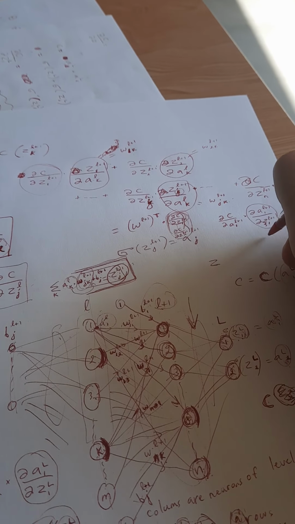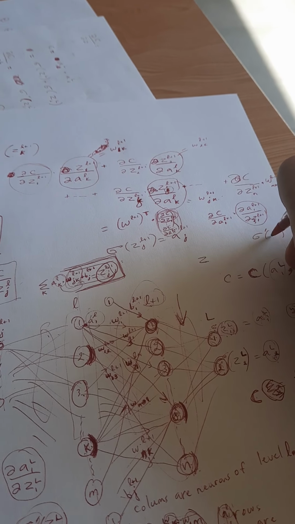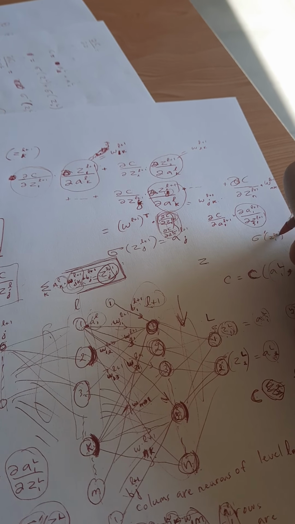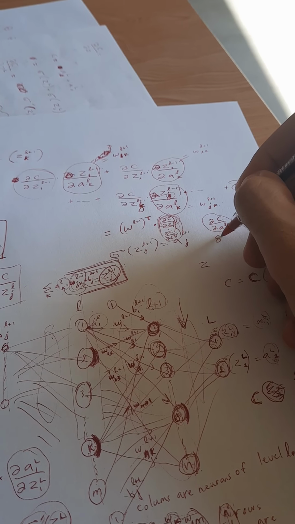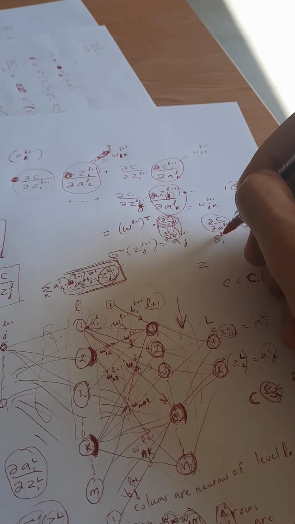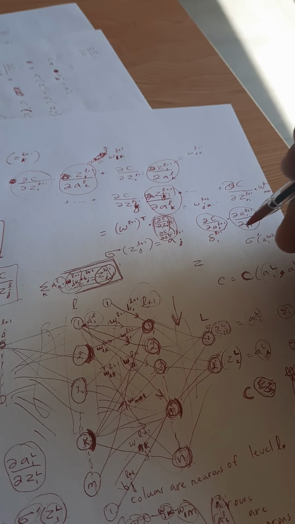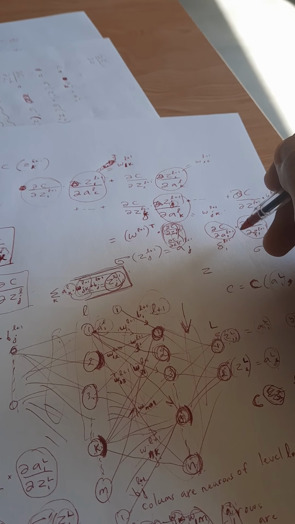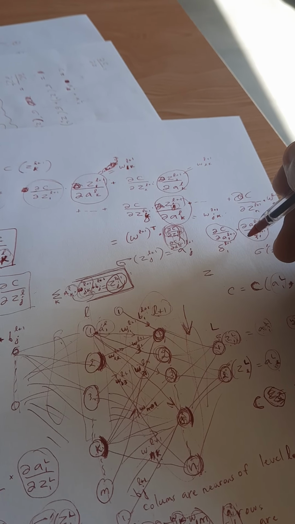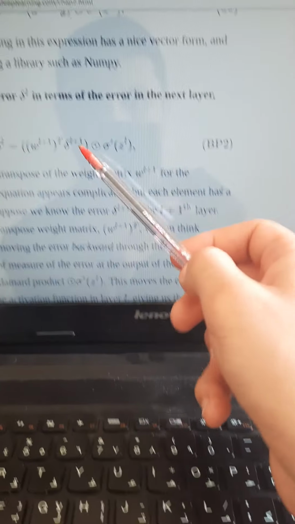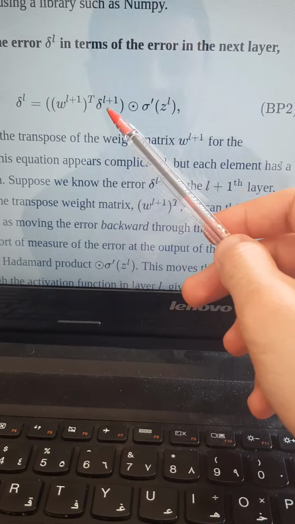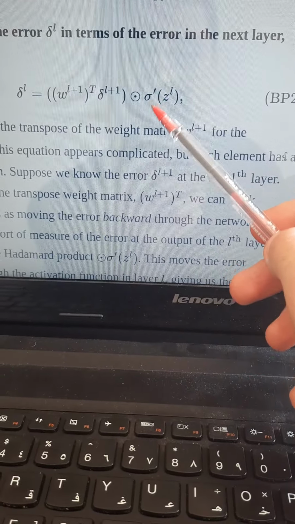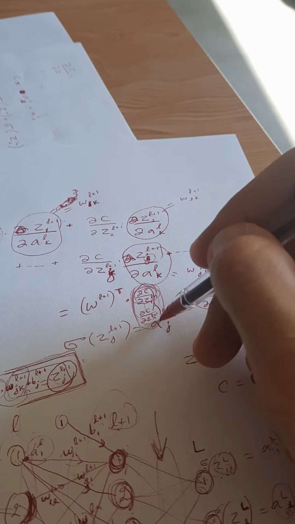Now this is sigma prime, the derivative for the value z1 L plus 1, and this is our hero, a1 L plus 1. Okay, so this whole thing, now this value multiplied by this one, this column vector, and this is a column vector, and multiplying these two together will give you that column vector.